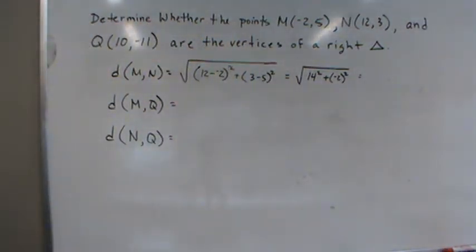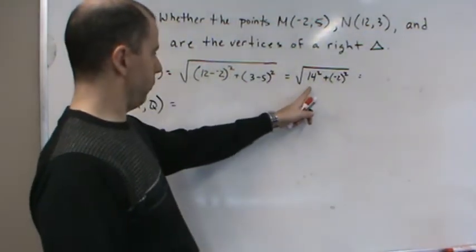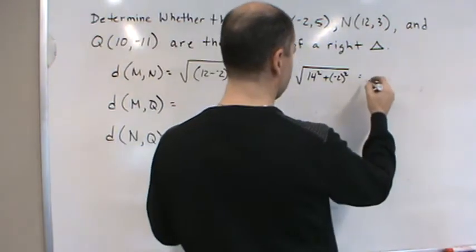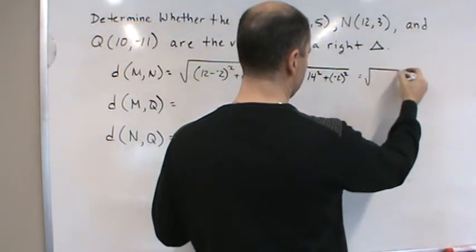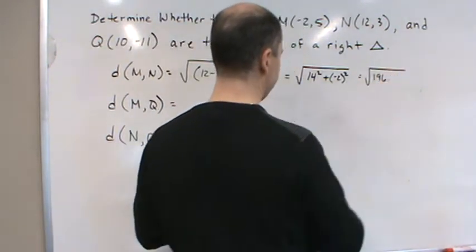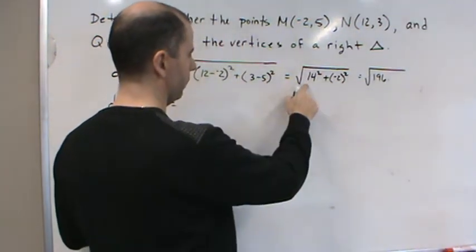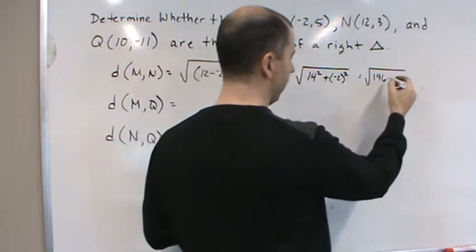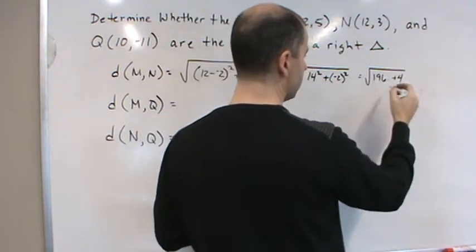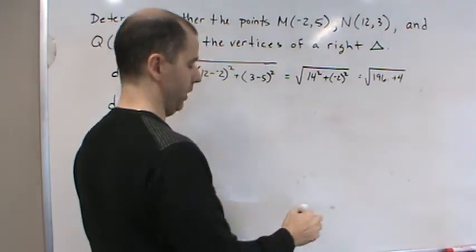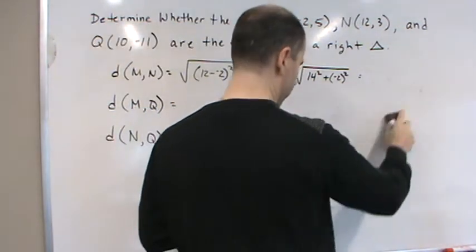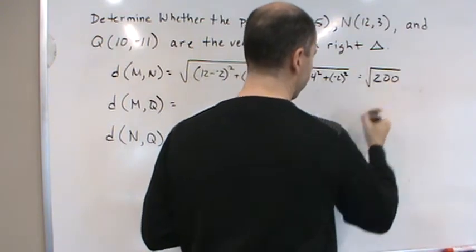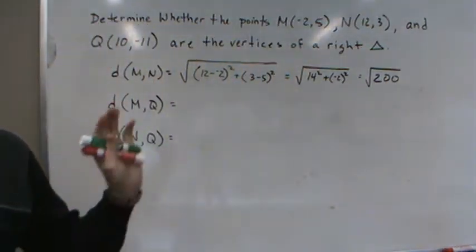Now, what's 14 squared? 14 squared is going to give us 196. So that's 196 plus 4, which gives us the square root of 200. So I'm going to write square root of 200, and leave it that way for a moment.